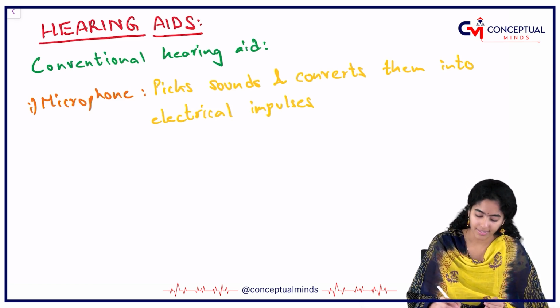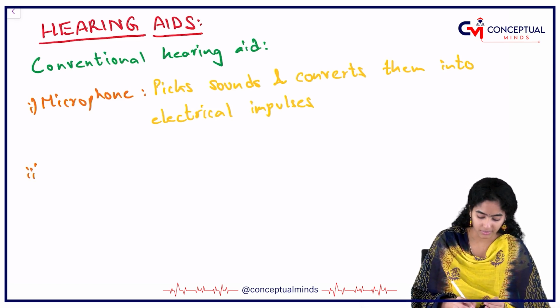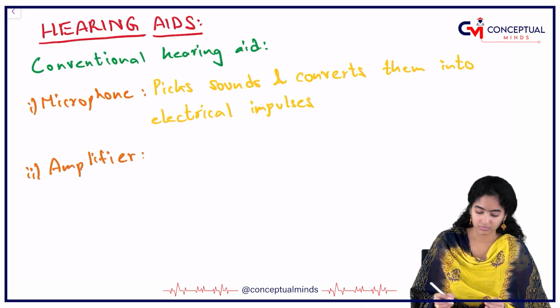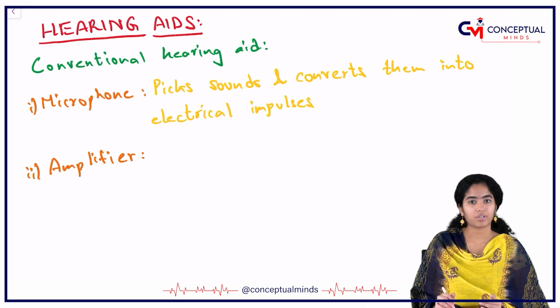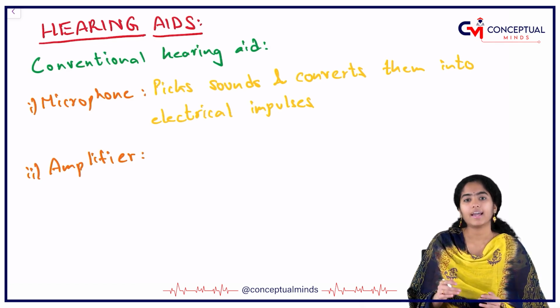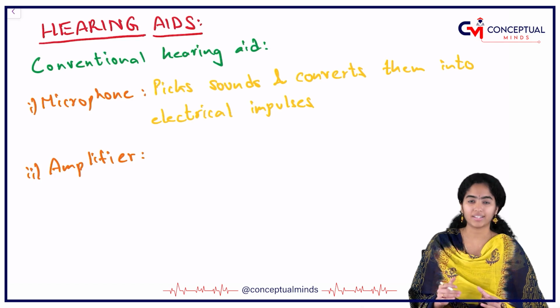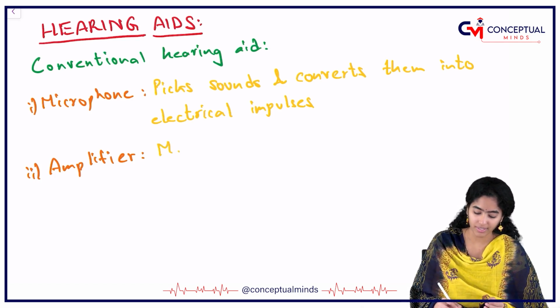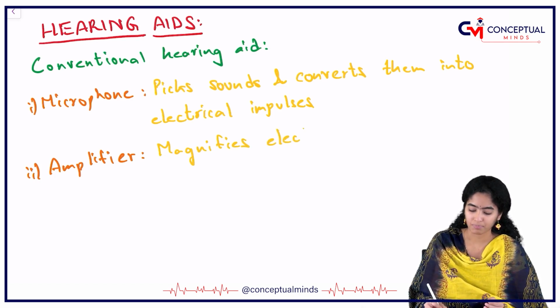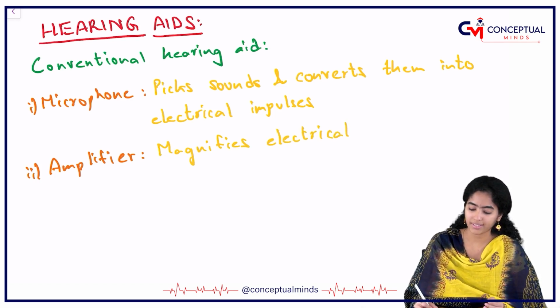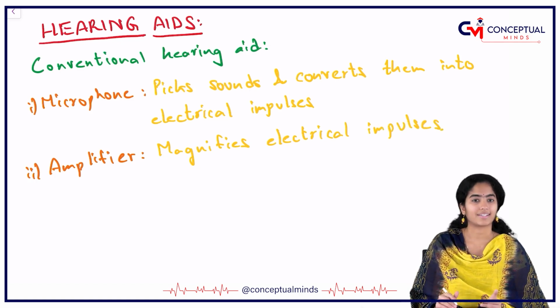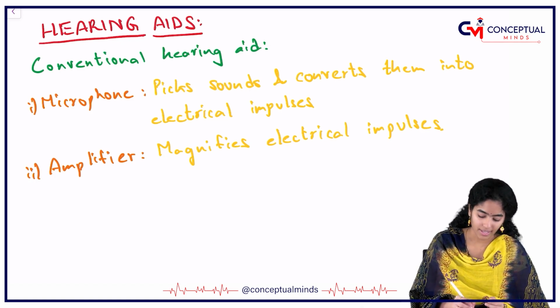The second part is an amplifier. What does an amplifier do? As its name suggests, it amplifies the sound, it magnifies. But what is it magnifying? Now the sound is already converted into electrical impulses. So this amplifier magnifies the electrical impulses. That is its function. And then we have the third part, which is receiver.